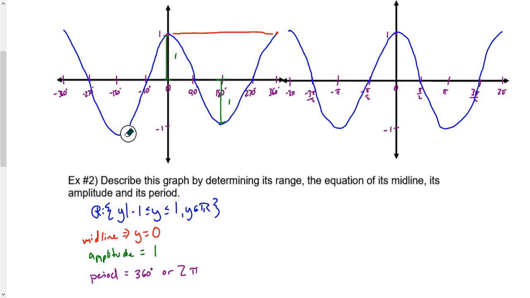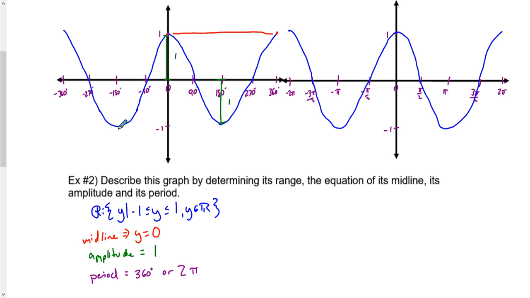And of course, the last way that we've done it, wow, that's really uneven. I'm going to fix that, just to make it look a little bit better. Lowest point is -1. There we go.